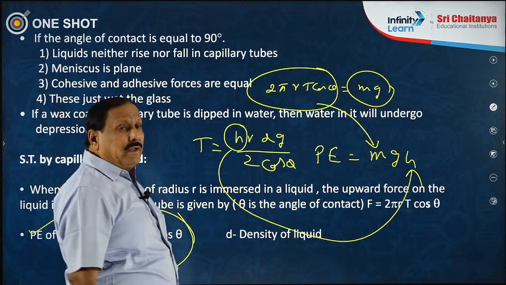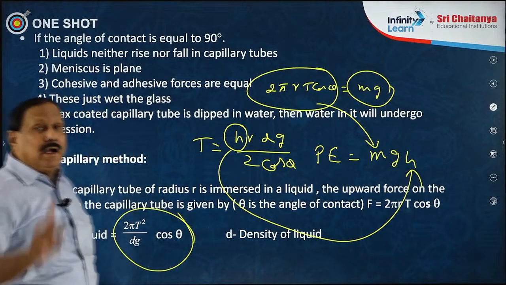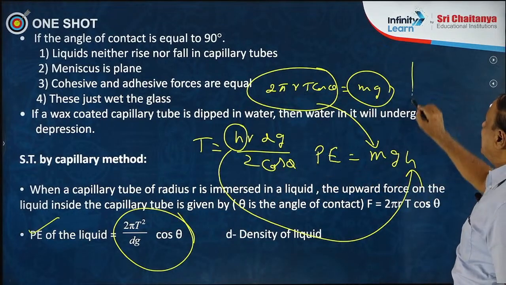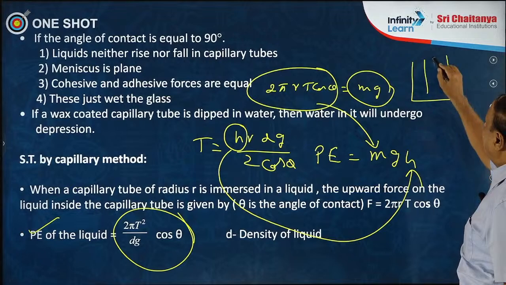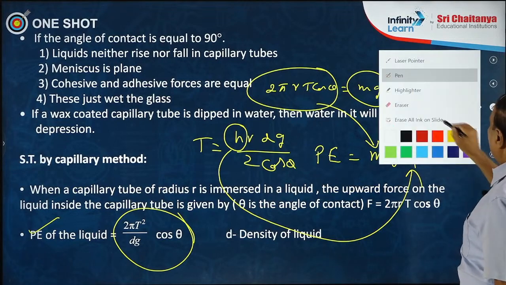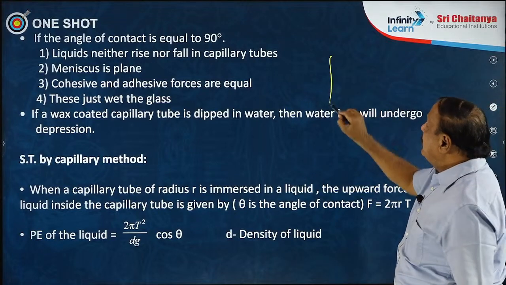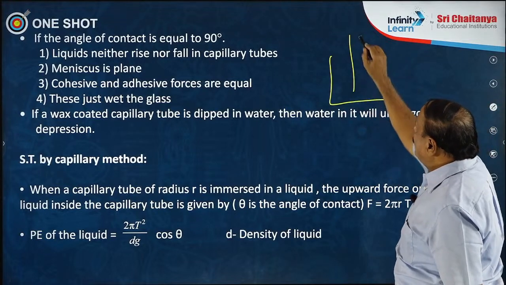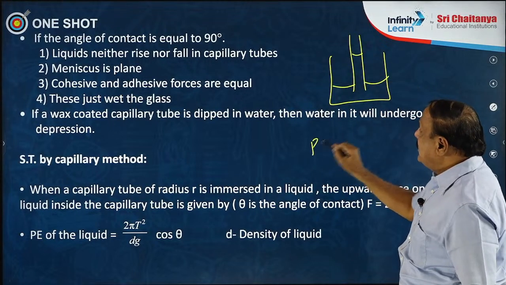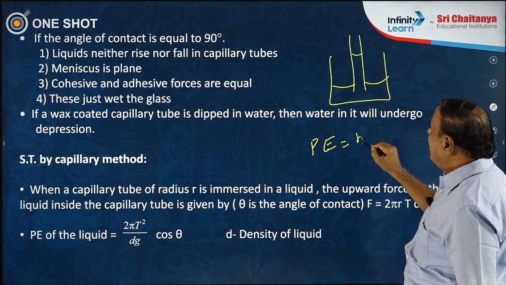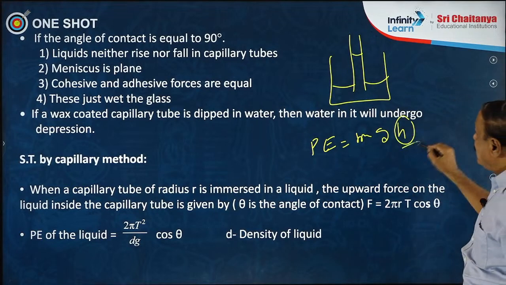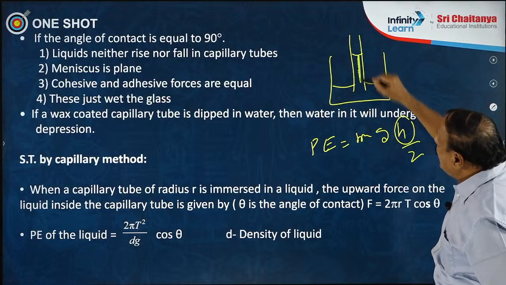And by substituting all these things, there is one more point in calculating the potential energy, if this is a capillary tube immersed in the liquid. One more important point I am telling, listen. Suppose a capillary tube is immersed in the liquid. In calculating the potential energy of that excess liquid, mgh, h should be written as h by 2 because this is a lengthy column.